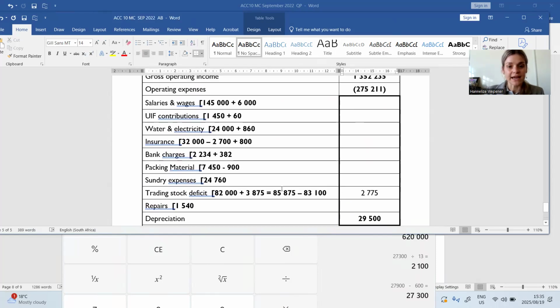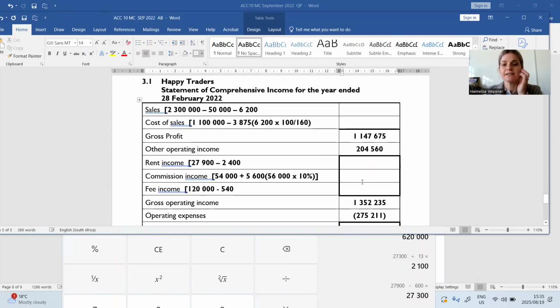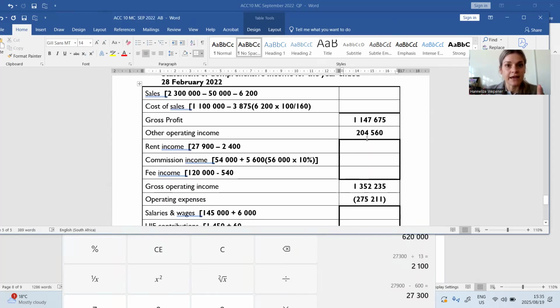Right, so you can add totals, I'm pretty sure. But what's nice here is I can explain the rest of it without needing the total. So you must just remember that you must calculate whatever you have in the brackets and write the total here in the answer column. Then gross profit plus other operating profit is equal to gross operating income.